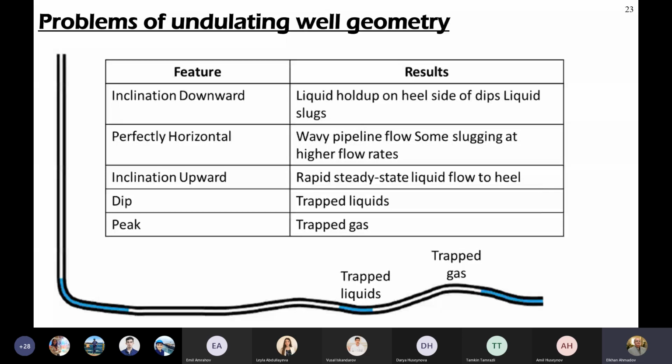so it's the same if we have a dip and peak. When it is perfectly horizontal, we may have stratified wavy flow like in horizontal tubes at the surface.